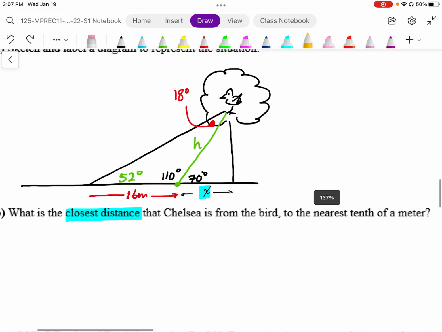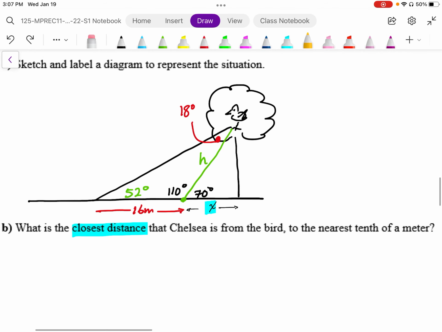We're going to, first of all, solve for h. To do that, we're going to see if we can use sine law. Well, in this case, if I solve for the angle, I know that the supplementary angle to 70 is 110. Subtracting from 180, we get 18 degrees up by the bird, and that angle is paired with the 16 meters.